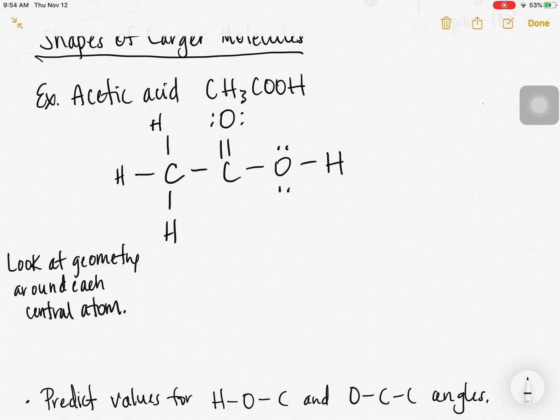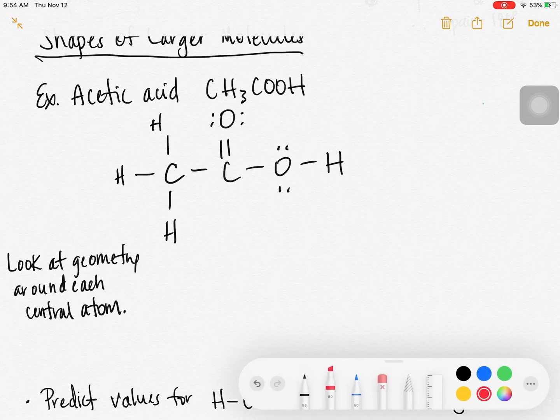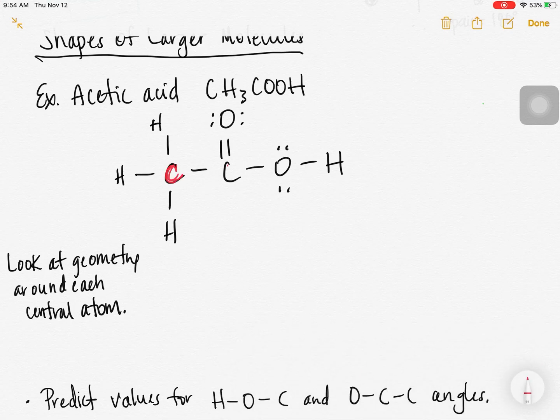I know that sounds weird, because up until this point we've only ever said we have one central atom, but in this case we're actually going to view this carbon, and this oxygen as a central atom. Notice the other ones are all on the outside, and so we're going to talk about the geometry surrounding each of the carbons. So, in the first discussion, I'm only talking about the geometry surrounding this leftmost carbon.